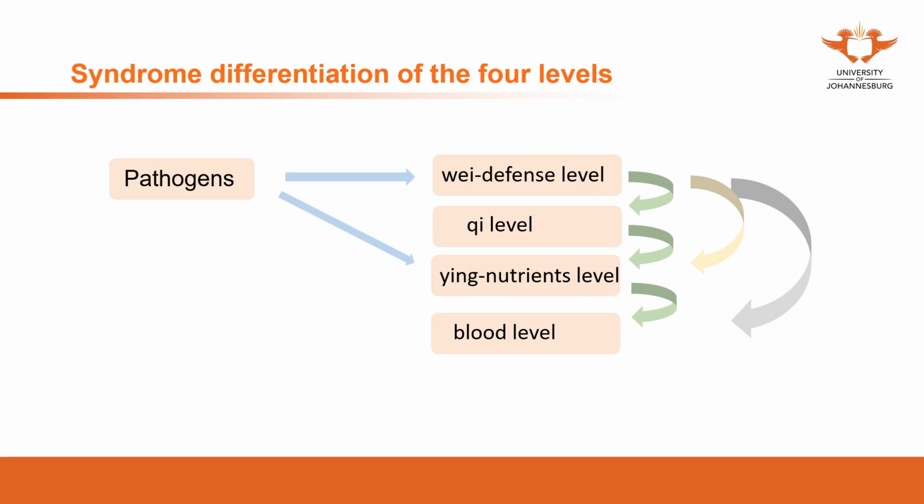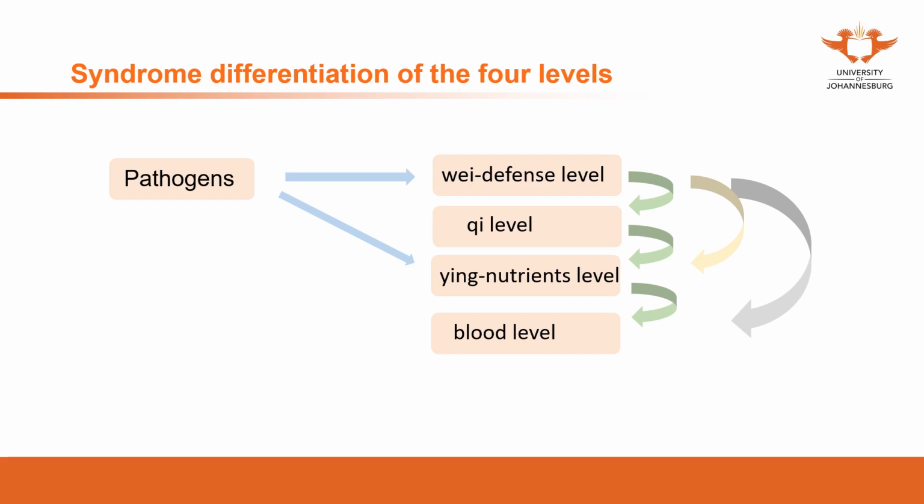The pathogen also can go to the Qi level directly or the Yin level. If a patient suffers from disease at the Wei level and it isn't healed, the disease may develop into the Qi level and then develop into the Yin level, even the blood level.